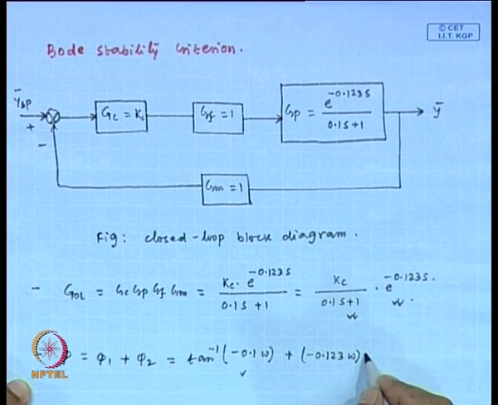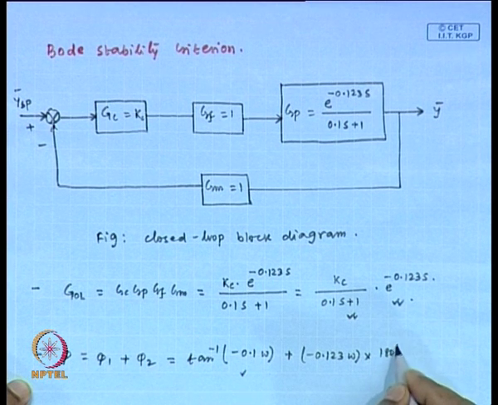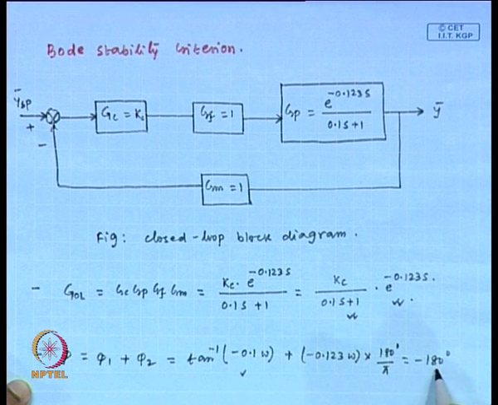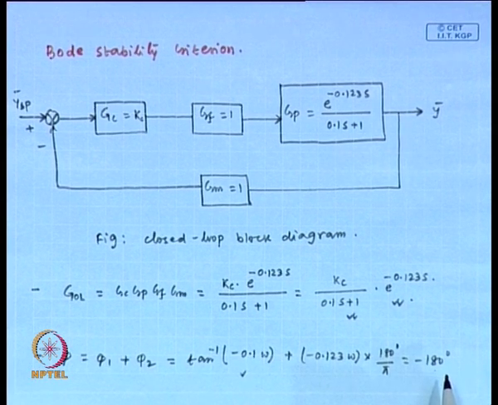So, we will multiply this with 180 degree divided by pi. Definitely, if we write in the right hand side minus 180 degree, you can write here minus pi also. Accordingly, you write the left hand side. Presently, we are representing all in degrees.